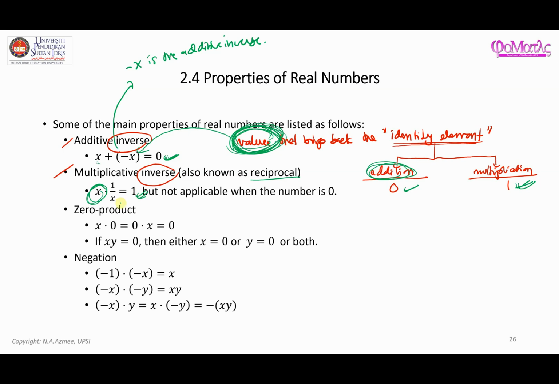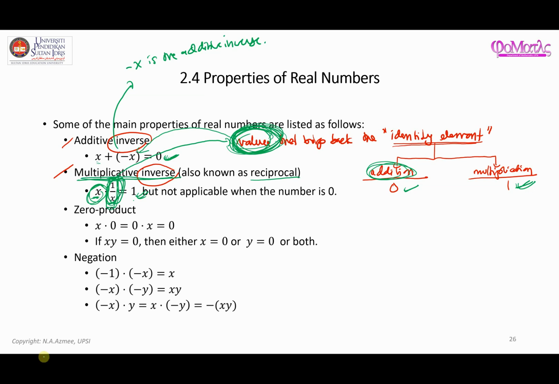And that value is going to be 1 over x. So 1 over x is the value that helps you get back the identity element. So x and 1 over x. We call it the multiplicative inverse.